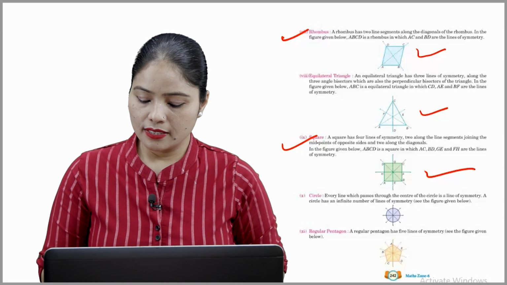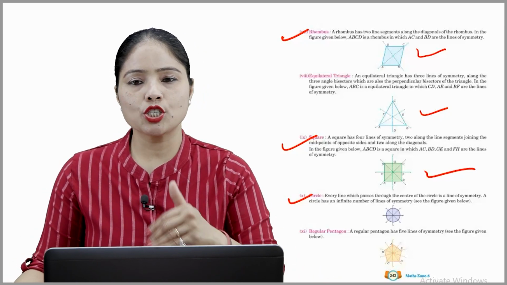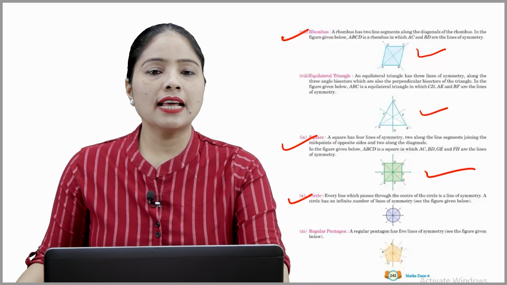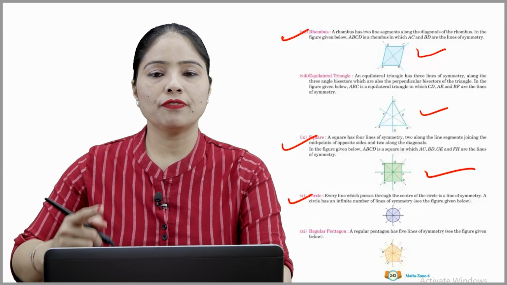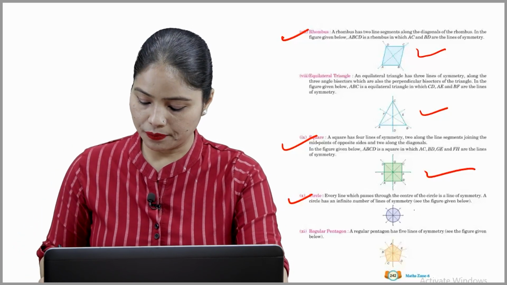After that, circle. Every line which passes through the center of the circle is a line of symmetry. A circle has an infinite number of lines of symmetry. See the figure given below like that way.